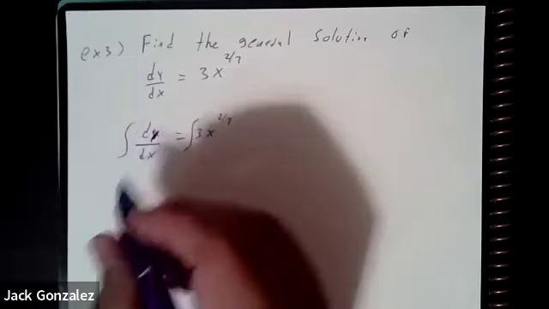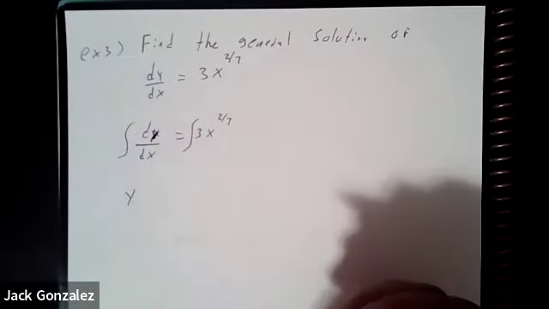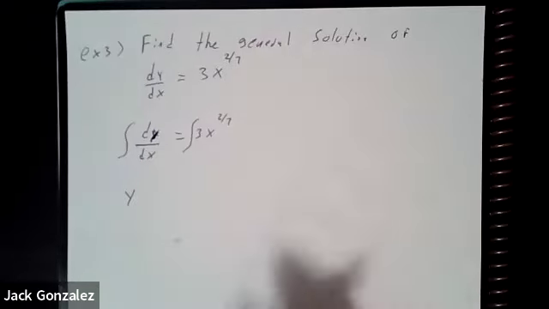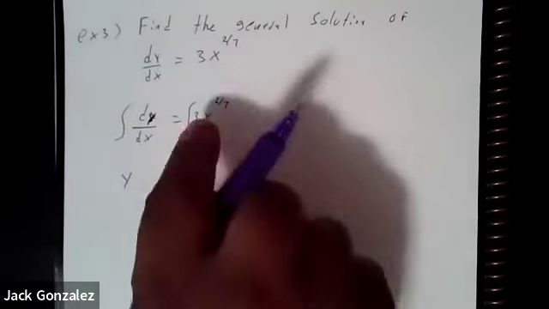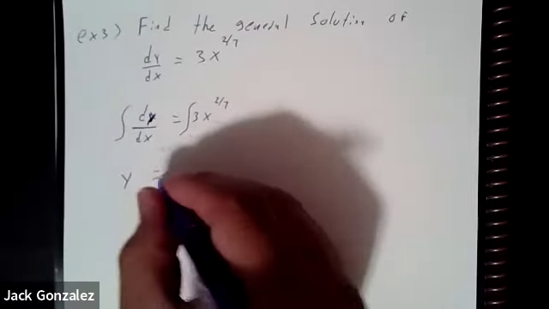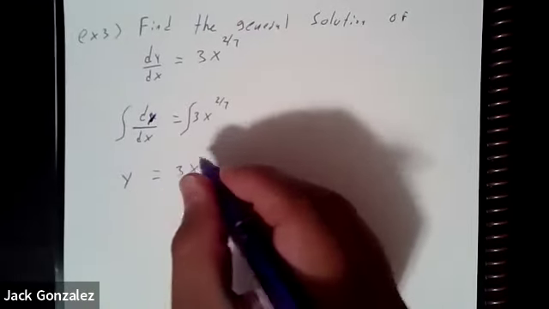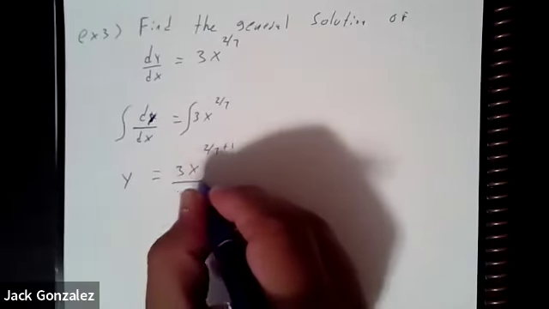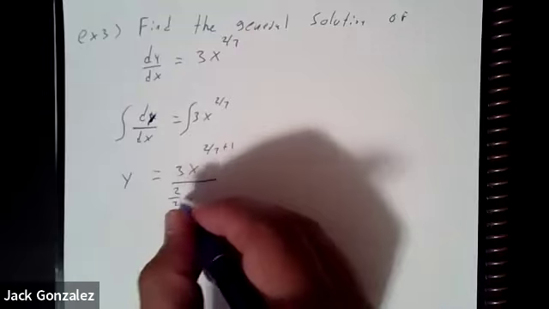Antiderivative of a derivative will just be the function itself. Do this guy, and you'll get 3x to the 2/7 plus 1 over 2/7 plus 1.